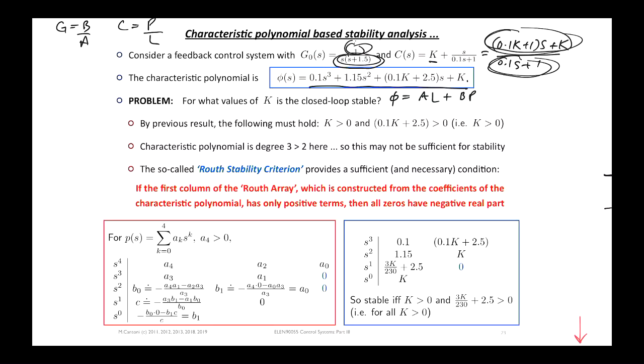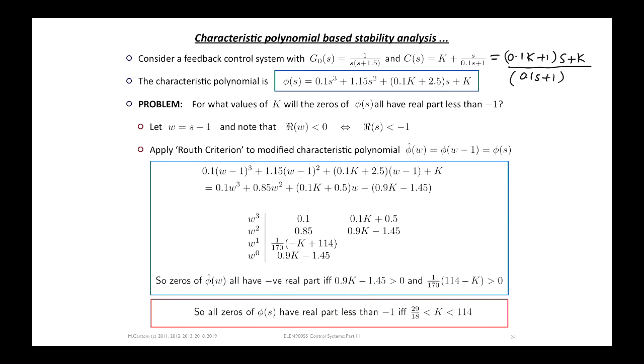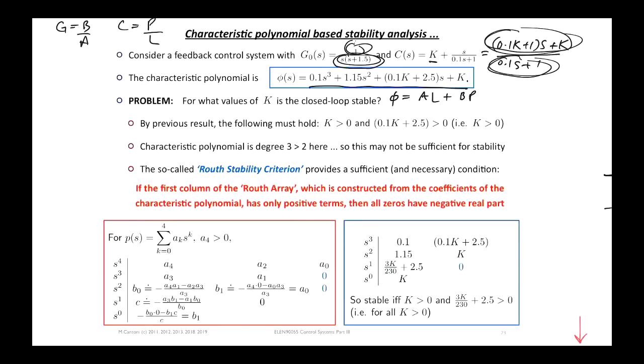All right. This is now applying the result in a slightly different way to determine when the zeros of a given polynomial lie to the left of a line that's parallel to the imaginary axis. So this is being used to tell us when the zeros lie to the left of the imaginary axis.